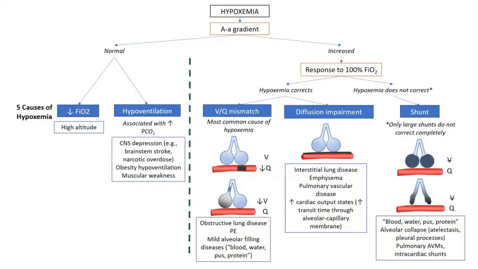Okay, really quickly, I don't want this slide to terrify you too much, but when we're evaluating hypoxemia, we need to evaluate the AA gradient to identify the health and functionality of the alveolar capillary system.